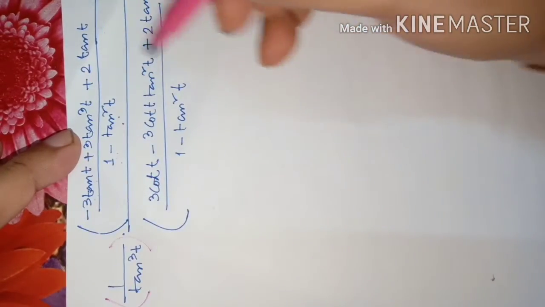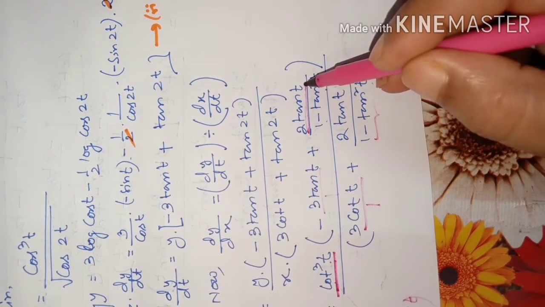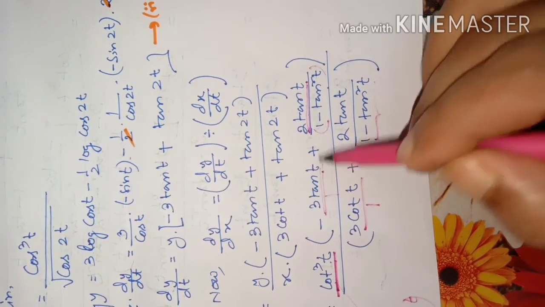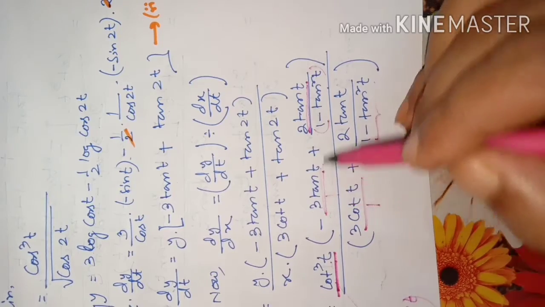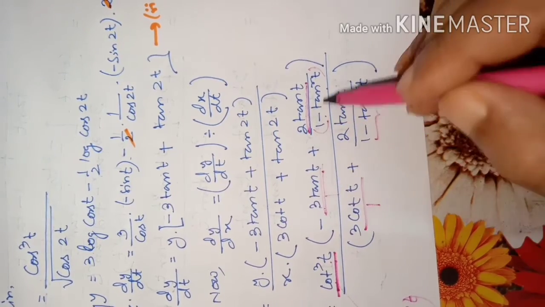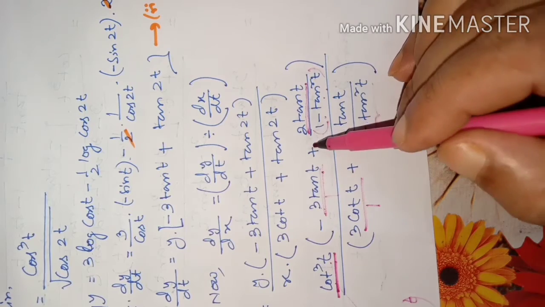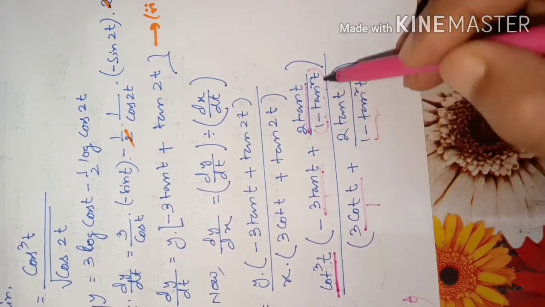Then plus the numerator of the other fraction, this numerator 2 tan t will remain the same. Then 3 tan t into 1 minus tan square t gives 3 tan t plus 3 tan cube t, then plus this numerator, and for this whole the denominator is this one.